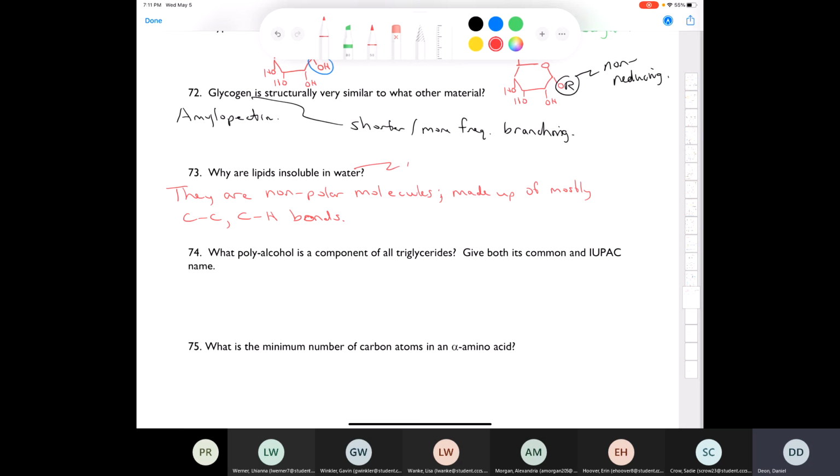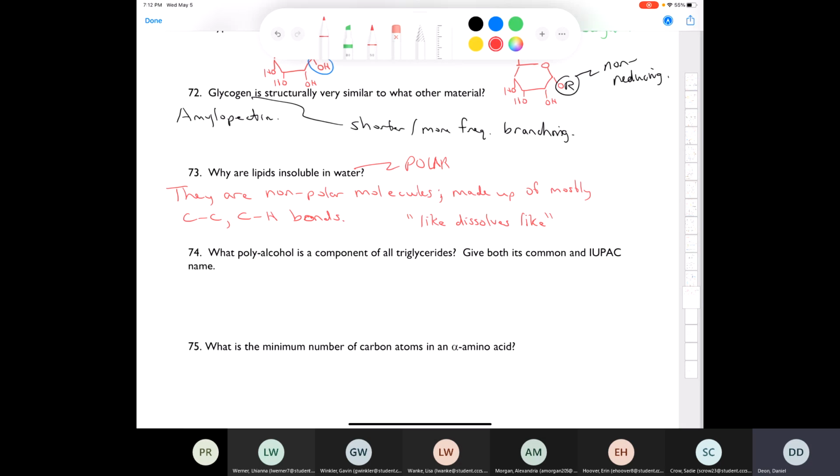Water is polar, and you remember the rule, like dissolves like, and since they are not alike, they're not going to be soluble one in the other.